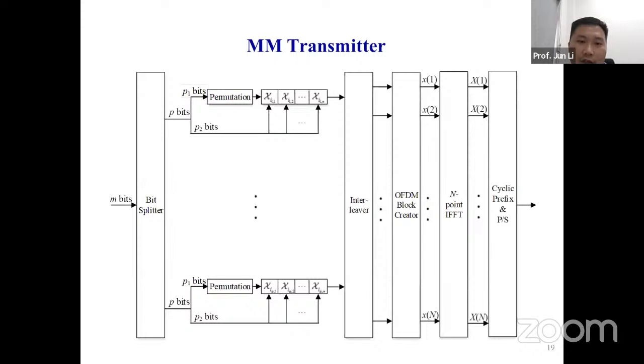The first subcarrier will transmit x1, the second subcarrier will transmit x2, and the last subcarrier will transmit xn. But compared to the OFDM, the difference of the IM is that it will select different or distinguishable constellations, or we can say rotated constellations.